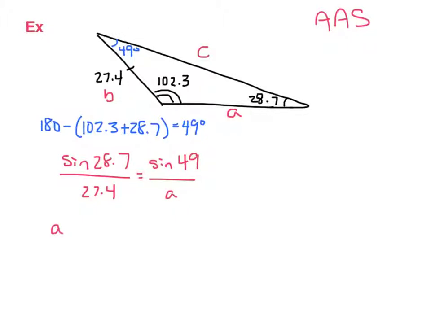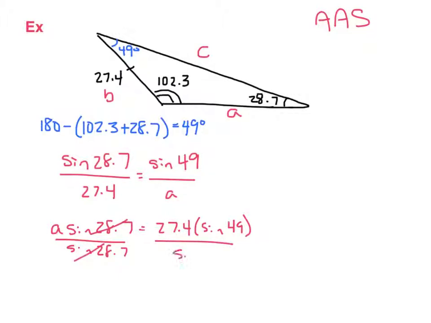So A times the sine of 28.7 equals 27.4 times the sine of 49. And then we'll divide both sides by the sine of 28.7 to solve for A. Okay, so after cross multiplying and dividing, A is equal to 43.06 units, because we don't know the units.